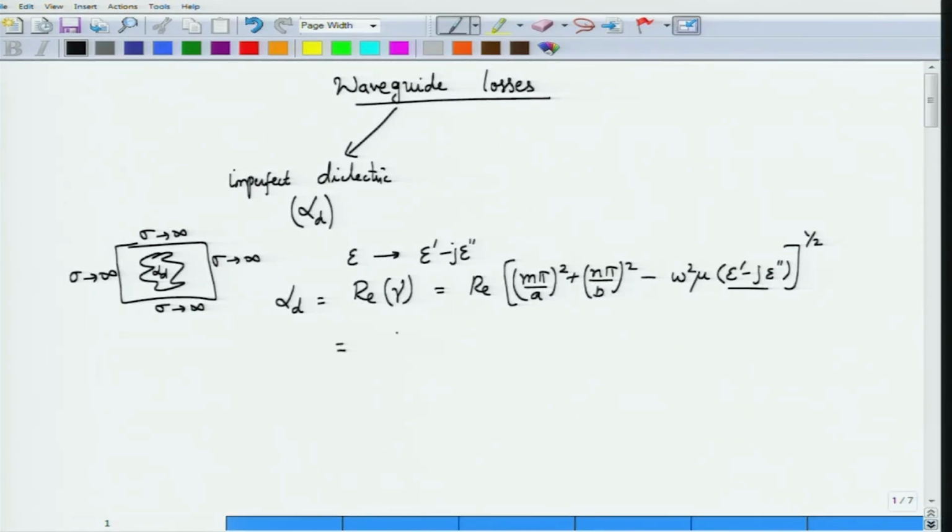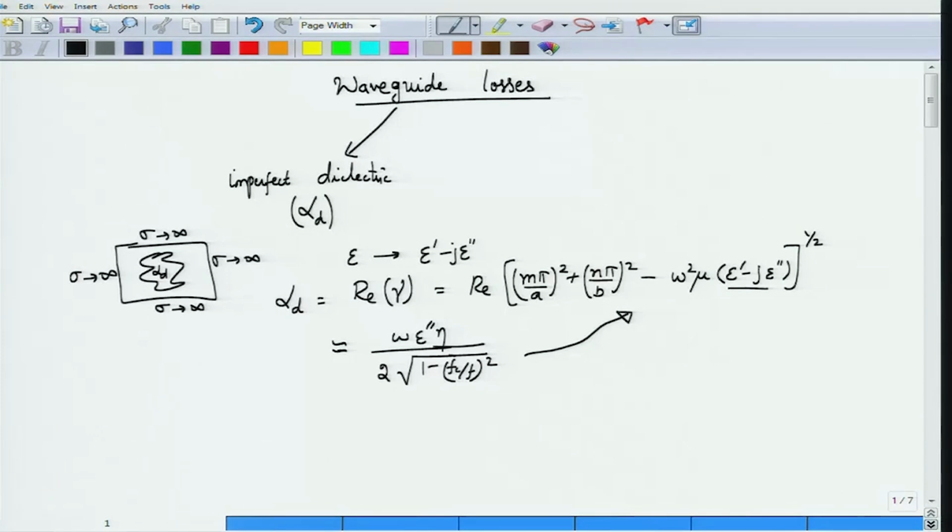What you would see is that alpha d is approximated by omega epsilon double prime eta divided by 2 times the square root of 1 minus (fc by f) whole square. You do not have to remember this expression. The better thing, if you have a calculator or access to a computer, is to go back to the original expression and substitute epsilon prime minus j epsilon double prime for epsilon. So this is the dielectric loss and it is quite easy to model, as I said.